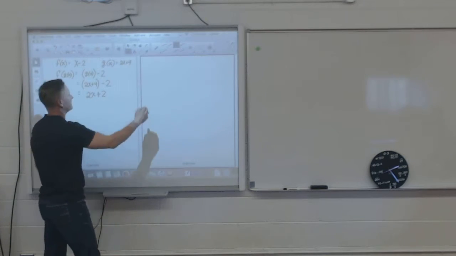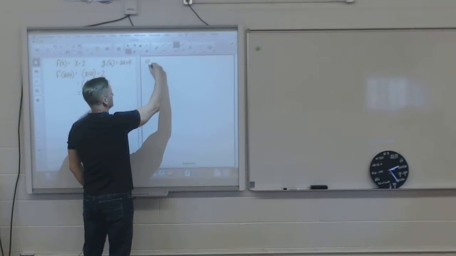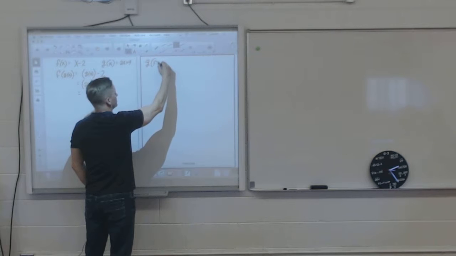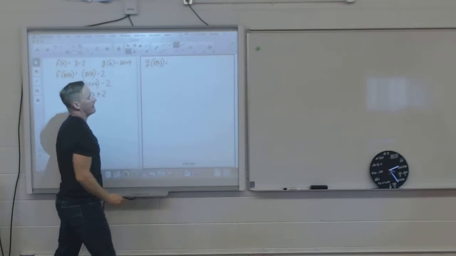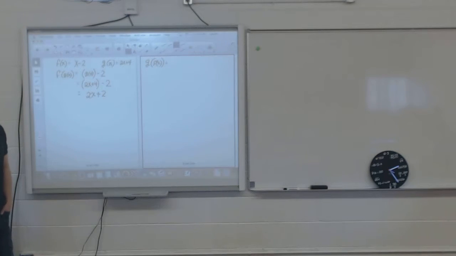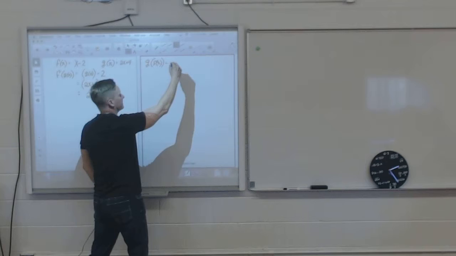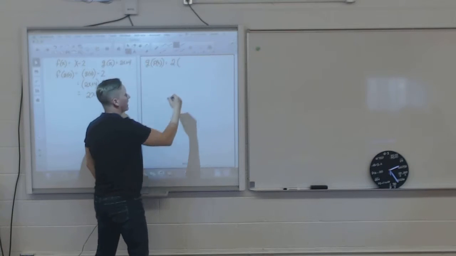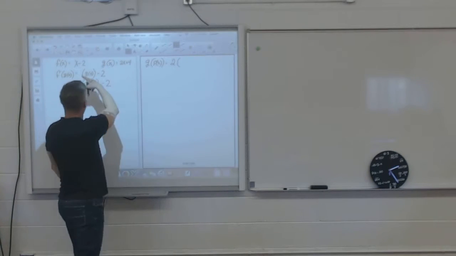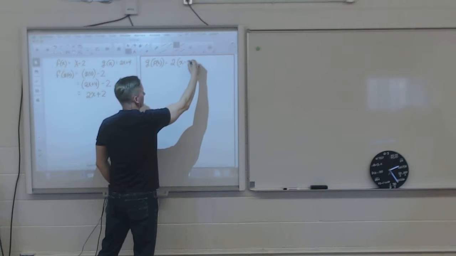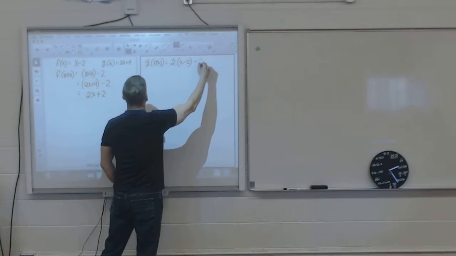Okay, so what happens if I want to go g of f of x? What do you think I do here? So I take my equation of g of x, 2x plus 4, and wherever I have x there, I put in x subtract 2.